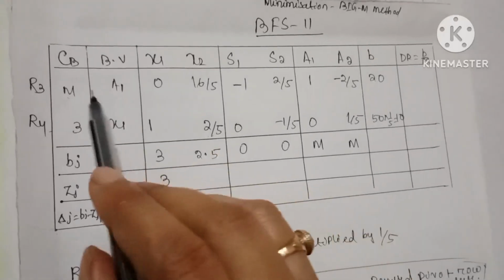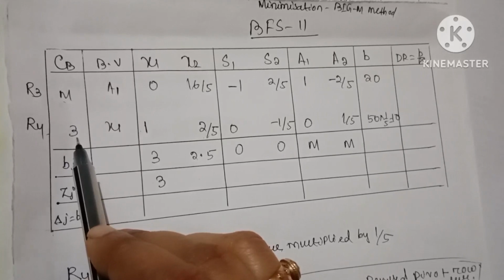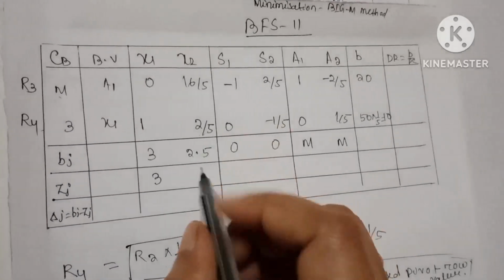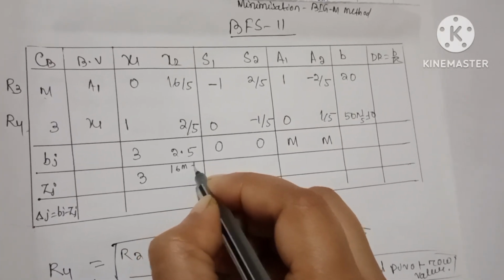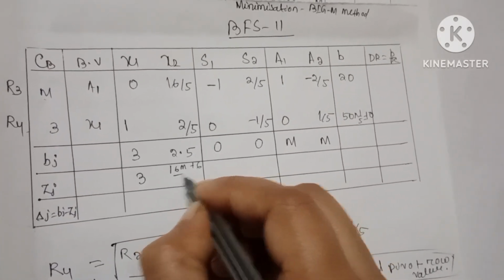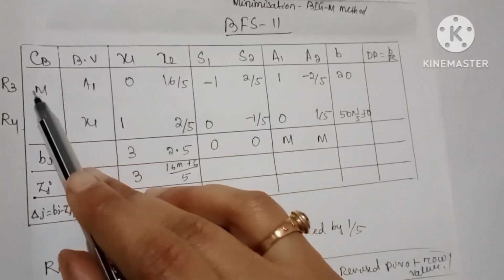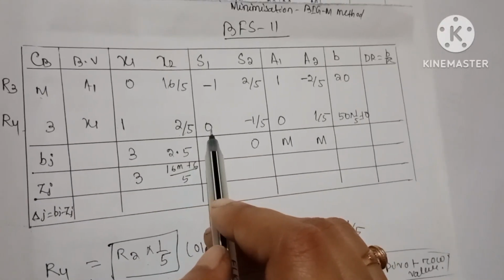And z2 equals M into 16 by 5 plus 3 into 2 by 5, so this is 16M by 5 plus 6 by 5. And here M into minus 1 plus 3 into 0.